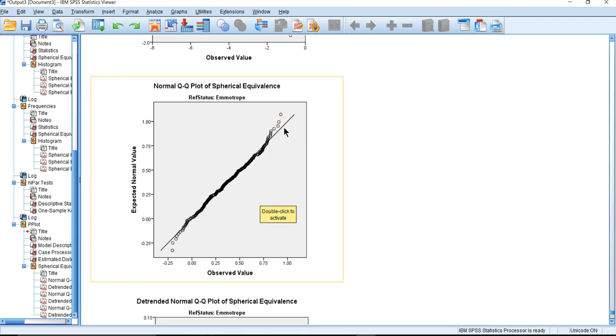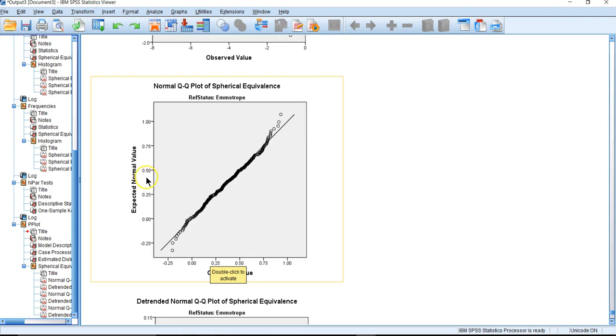What this graph does is look at the frequency of each of these points, down here, which are the observed spherical equivalents. And see, here's 0, here's plus and minus 25. Notice that the emmetropes do not have 0 as their mean. It's a little towards hyperopia.